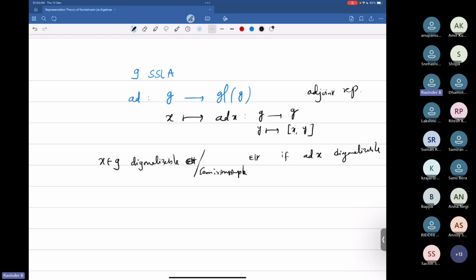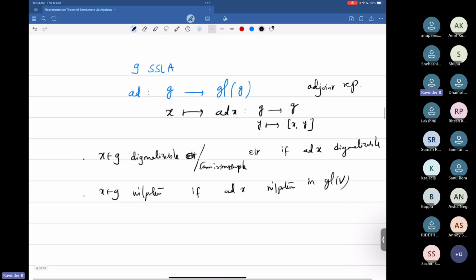So how do you define the diagonalizable elements for any semi-simple Lie algebra? You look at ad X. So that should be diagonalizable, because it's a linear map, I can talk about it. And then X is nilpotent if ad X is nilpotent. So this is the definition of nilpotent and semi-simple elements.